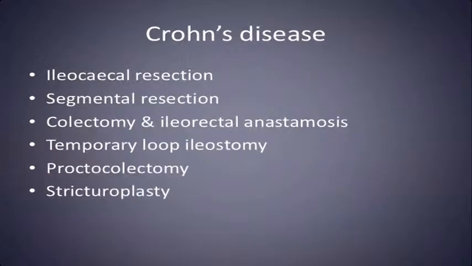Crohn's disease surgery generally takes the form of ileocecal resection or segmental resection, depending on the affected part of the bowel, colectomy and ileorectal anastomosis, temporary loop ileostomy, and so on. And then, of course, if there are strictures, strictureplasty, and so on.